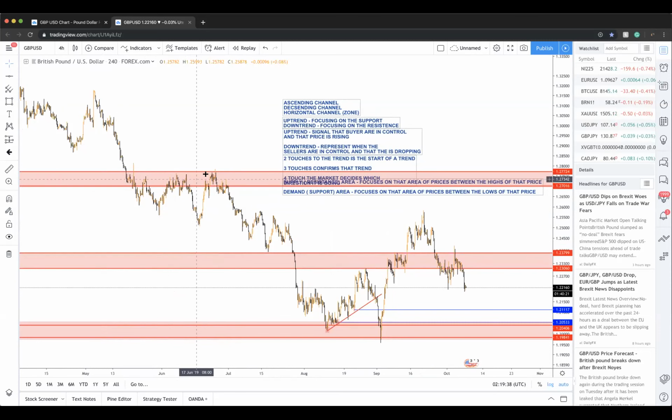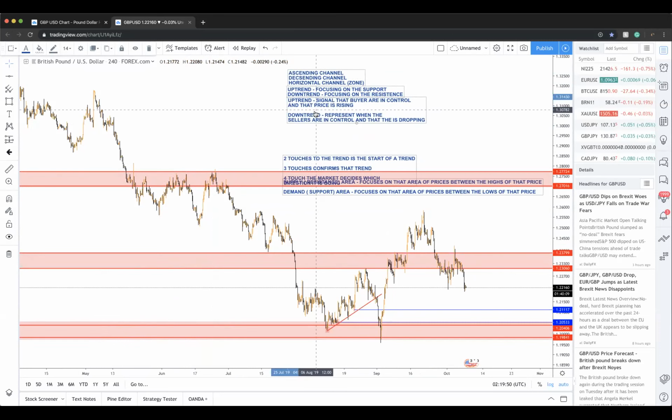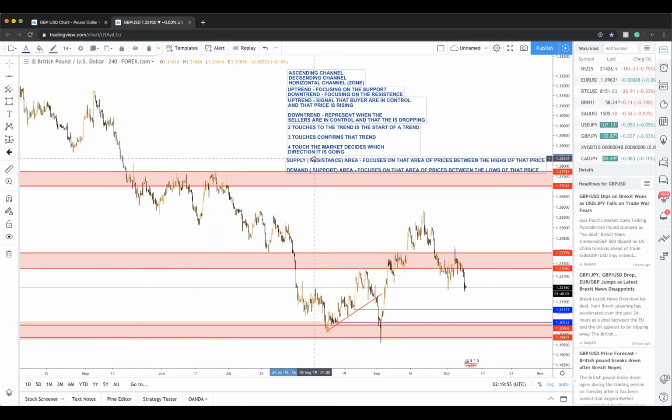So as we said, if the market failed to hold price above a supply area, supply representing an area of price where the market is reaching its resistance, we understand that when there's a lot of supply, price tends to go down. So in this case, the market started to go down. And as I told you, my importance is to understand where the previous demand zone before that was, because where there is resistance, there's going to be a support, right?